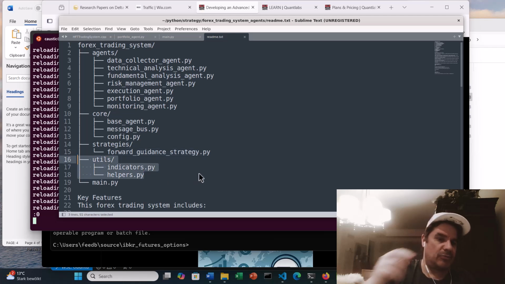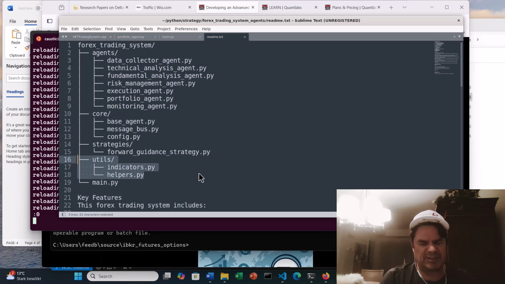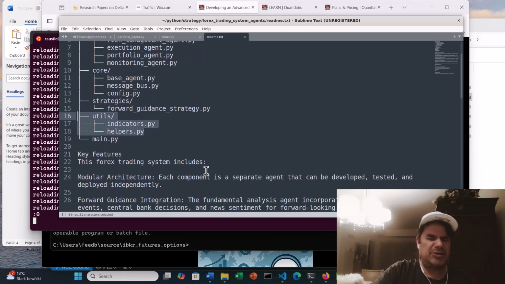Now, one thing I will say, it did suggest to include TA-Lib, which is an original C++ library. I'm running this on Ubuntu 22 Linux WSL on Windows. And for the life of me, I usually can get TA-Lib to run and compile. I failed at it.